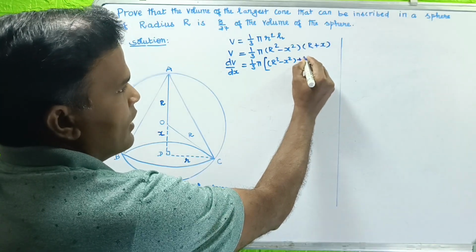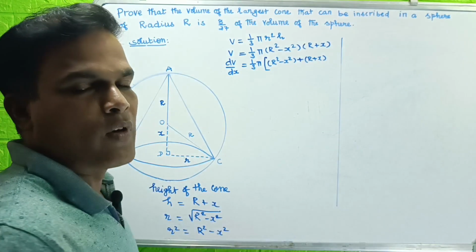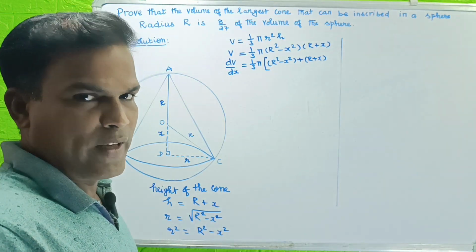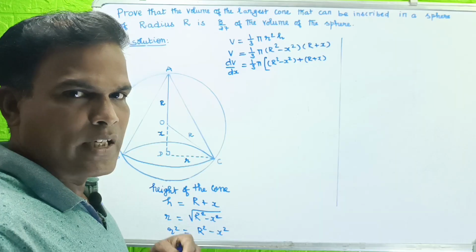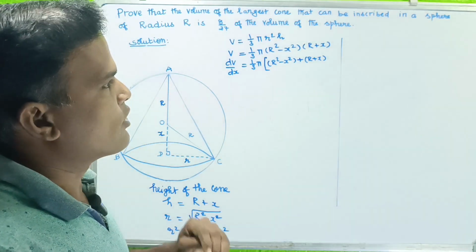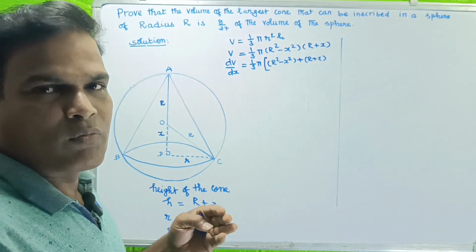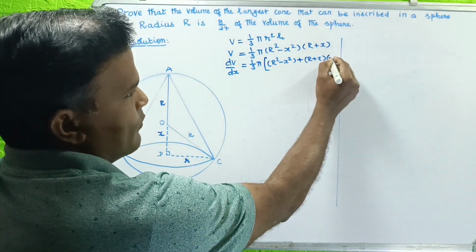Next, plus R plus x, that is v, into the differentiation of R square minus x square with respect to x. Differentiation of R square is 0 because R is constant, which implies R square is also constant. So it will become 0 when differentiating with respect to x. Next, minus x square. Differentiation of minus x square with respect to x is minus 2x.